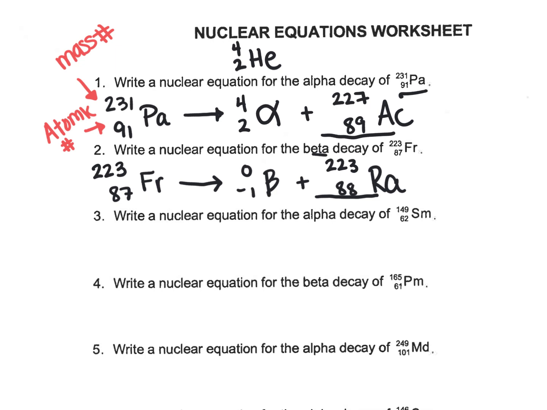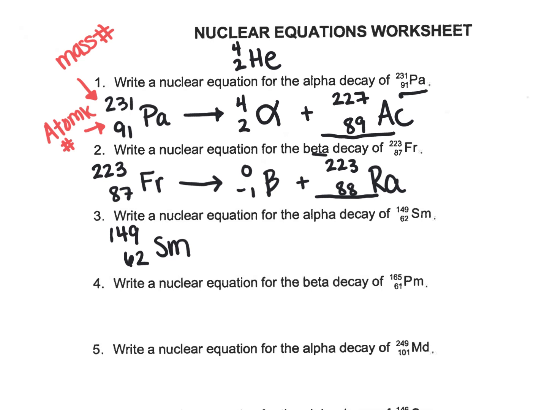So what are you going to start with? Good. Rewrite that particle, right? 149, 62, Sm.